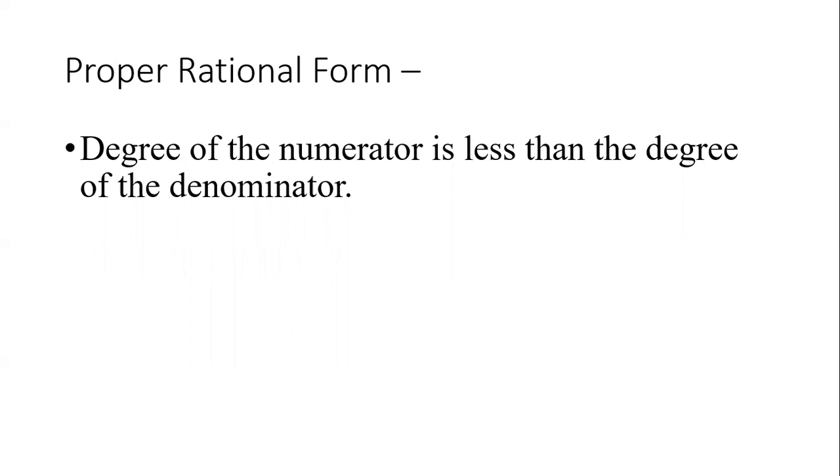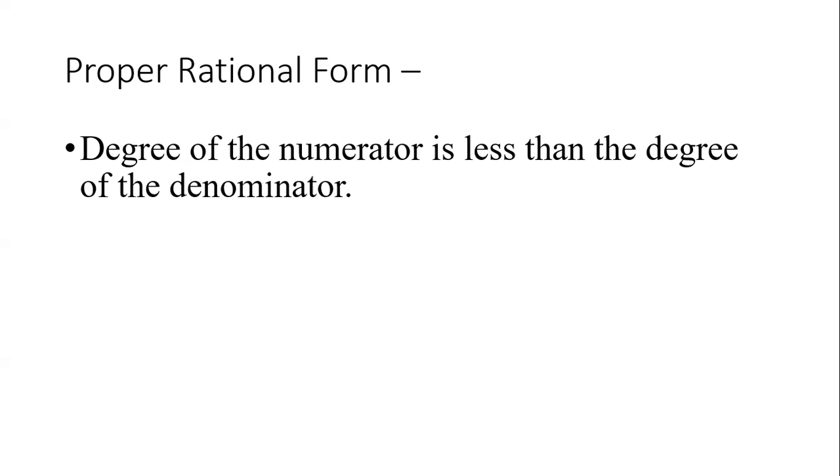The numerator was bigger than the denominator, right? So if we have an improper rational, what do you think that means?